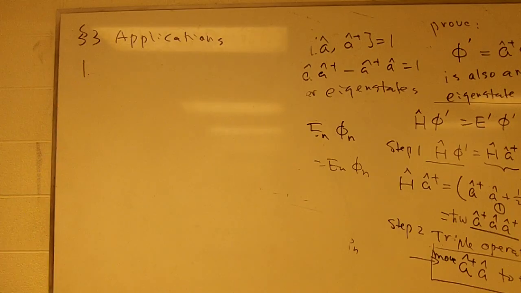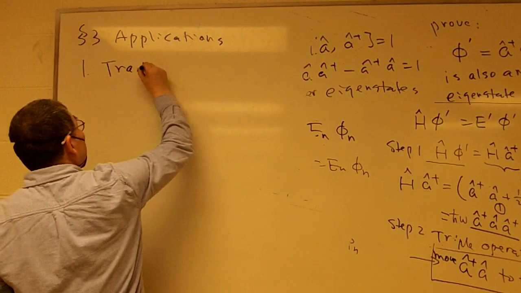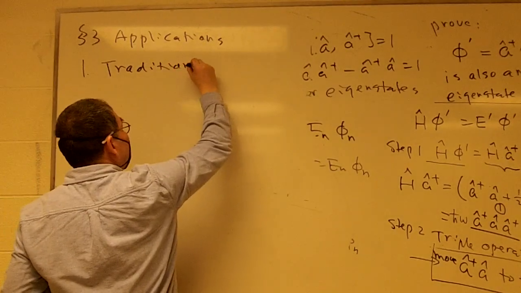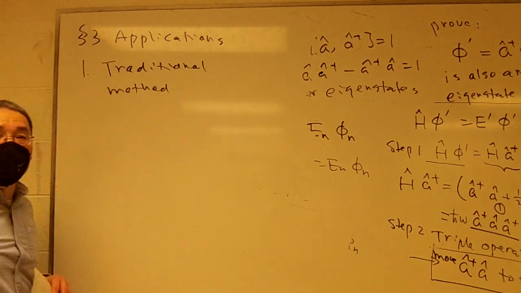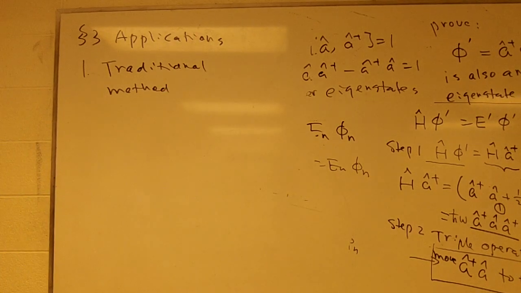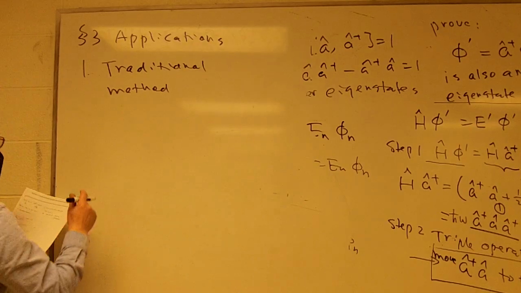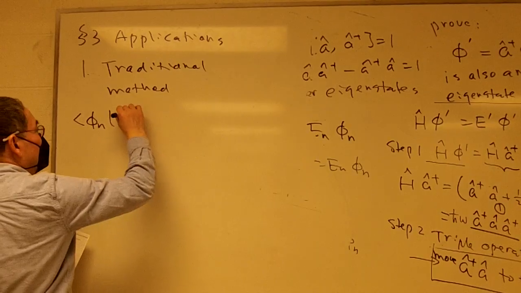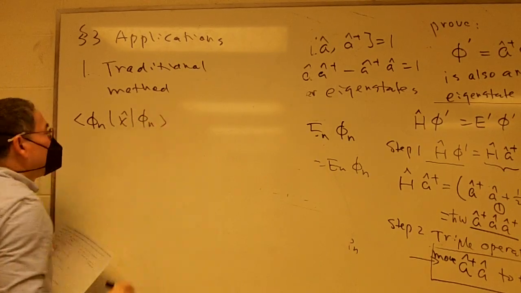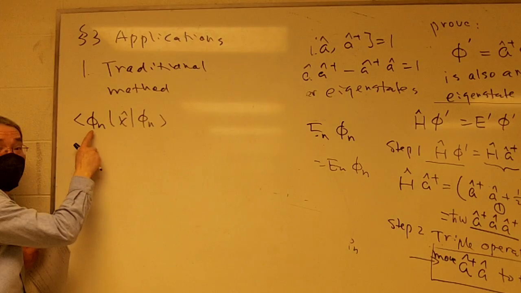So first, why do we use this in the first place? Let's look at the traditional way. When we use the traditional method, you will find something quite non-trivial. For instance, if I want to calculate the expectation value of the position, you have to first find the wave function itself.